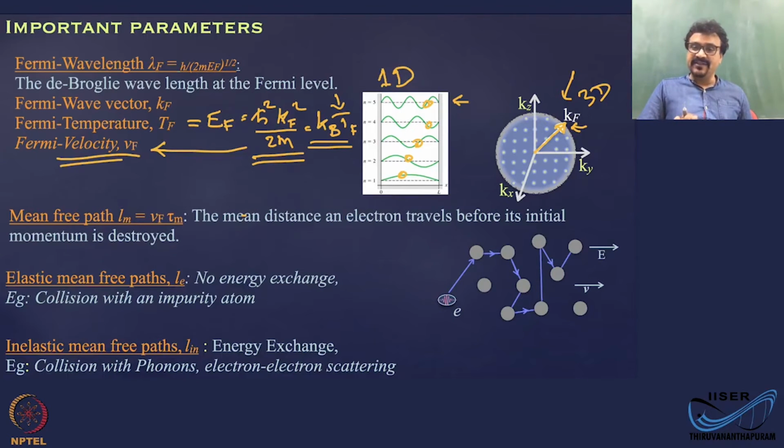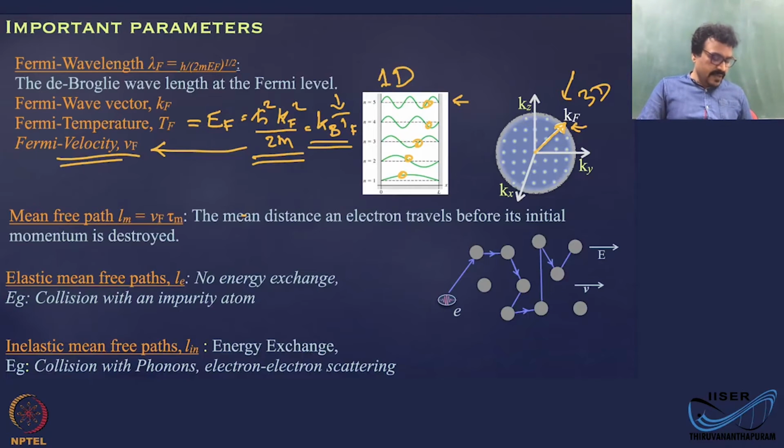As long as they have a de Broglie wavelength, they will have momentum. Momentum zero belongs to wave vector zero, because momentum is h bar k, but wave vector zero lies in the middle here. The particle which lies in the middle cannot move because there are no empty states around. So we are always discussing the charge carriers at or close to the surface of the Fermi sphere.